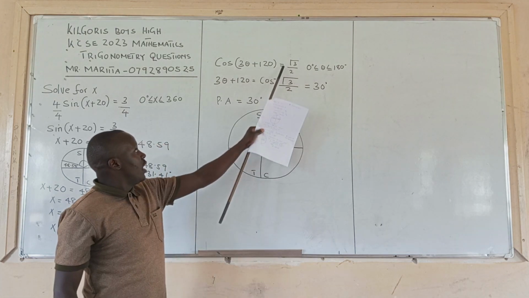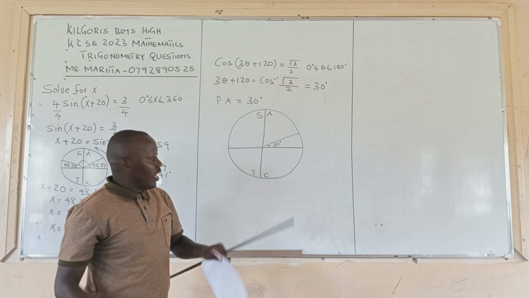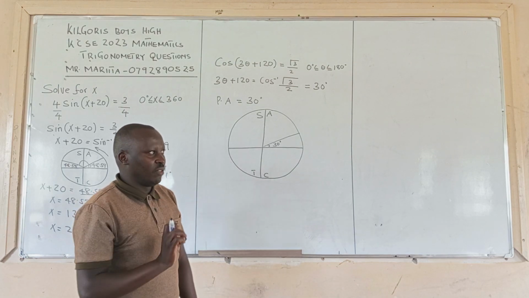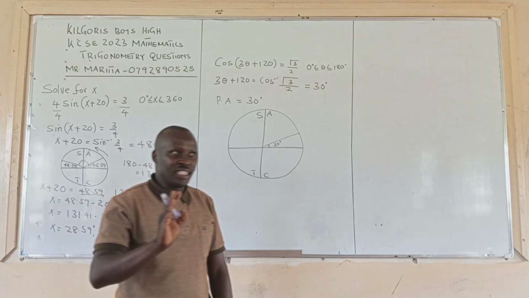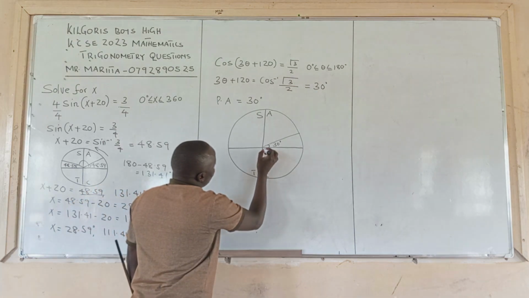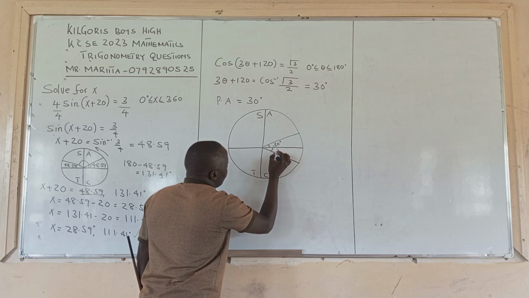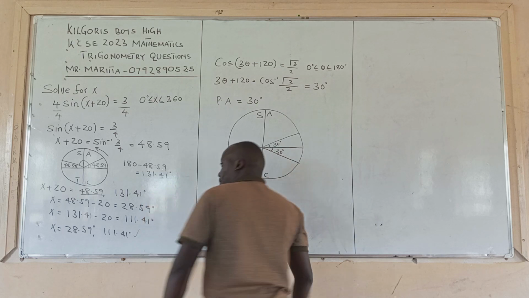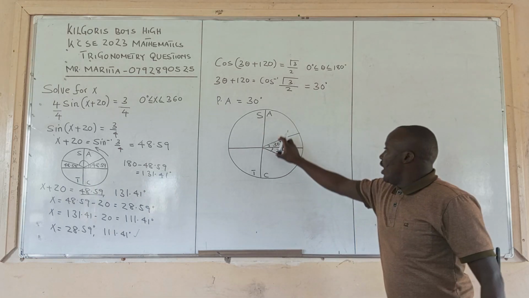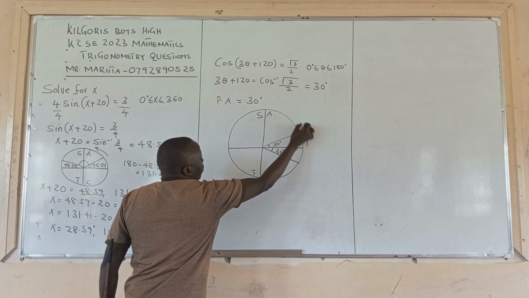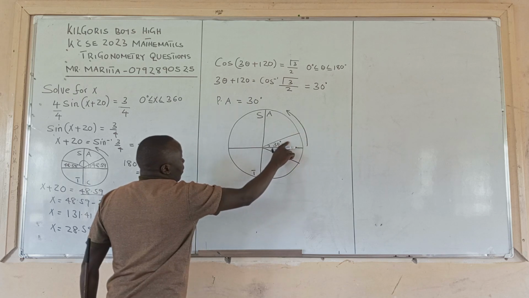Then on the fourth quadrant, the cosine is positive, meaning the sine and the tangent are negative. So we can also find it on the fourth quadrant. So from here, if we start moving in this direction, we have the first quadrant.